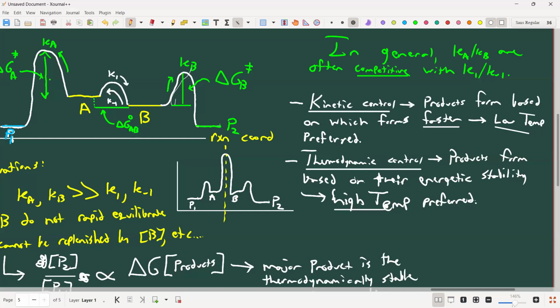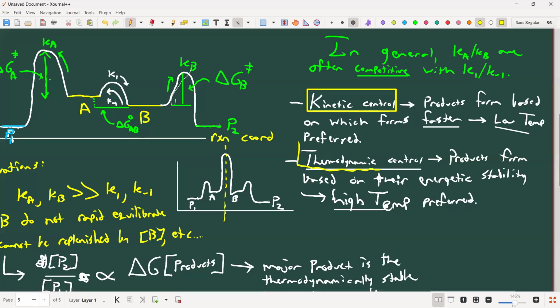Right, so we talked about these kinetic and thermodynamic controls, and these are really important concepts in chemistry in general, because this is how we make stuff. Sometimes the thermodynamic product is not what we want.